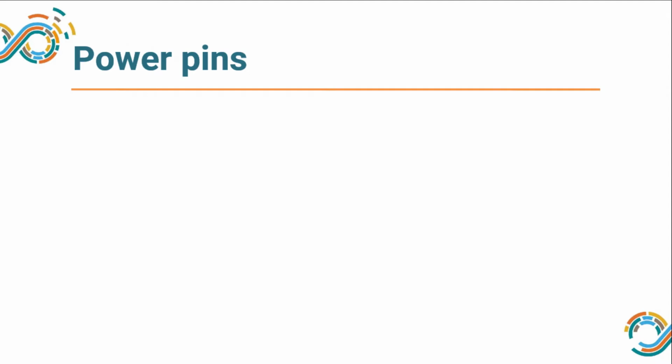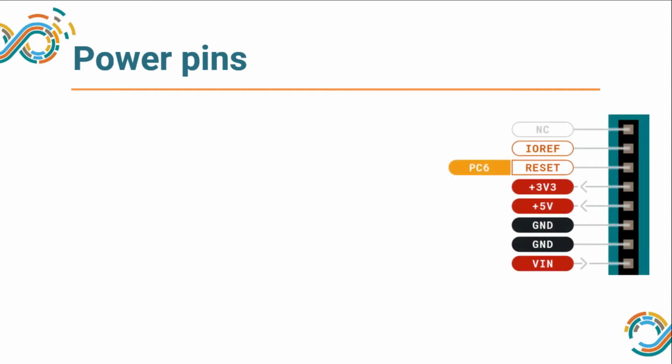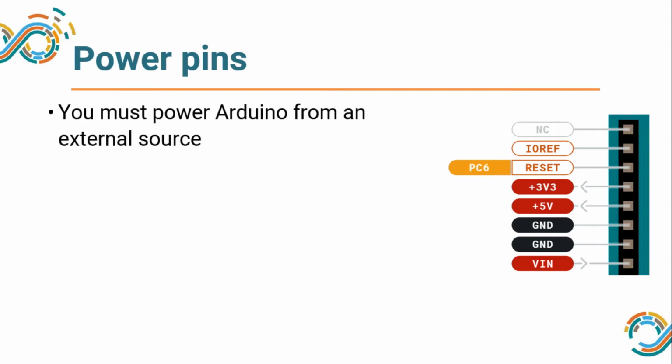So first of all, we have power pins. These pins are on the left side of the board, and they are mainly used to power the Arduino and external sources. We do not provide the power to the board here, but we mainly use them to power the external devices.